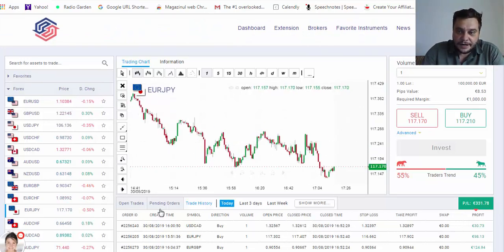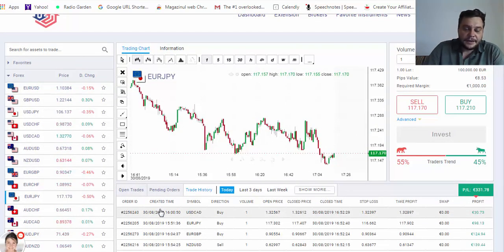And here are the results of today. It was a very surprising and productive day. All the assets are in the money, all the trades are winning trades, and we have a total of 331 euros profit for today.